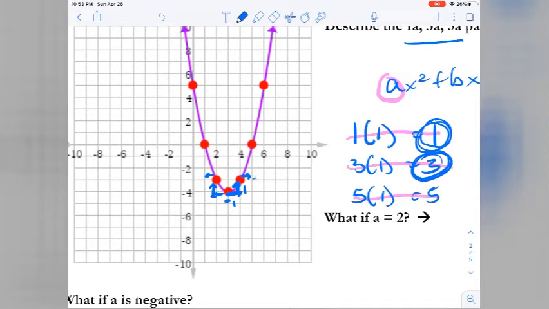So that's a 3, so we're going to go up 1, 2, 3 for our next point. Then we go out again another step, and then this last number tells us how high we go up from that, and so you guessed it, we go up 5. So 1, 2, 3, 4, 5. And we do it on both sides since a parabola is symmetrical through the axis of symmetry. So we do the same thing on both sides. And so that's how we use the 1a, 3a, 5a method to graph our graphs.